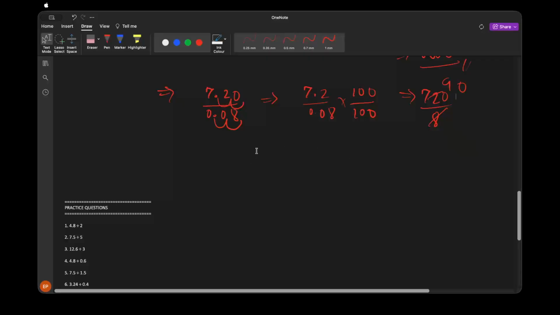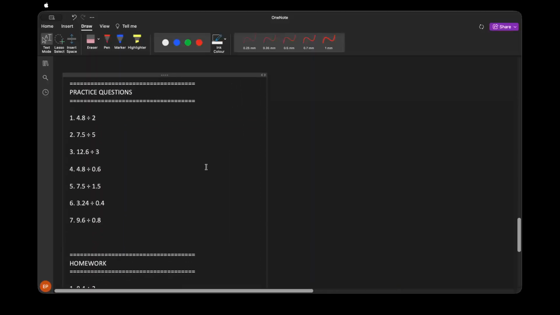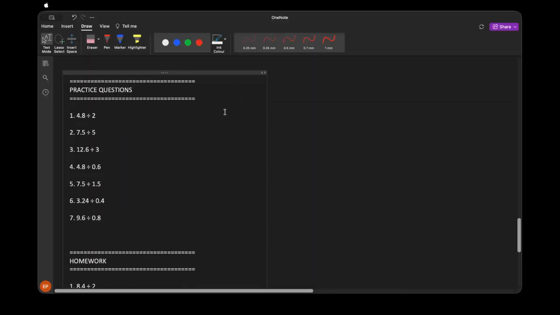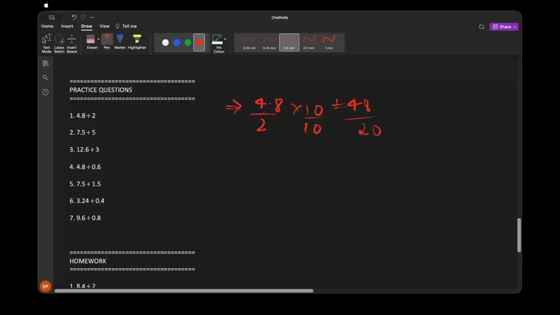Okay, and here are some practice questions. 4.8 by 2. How many digits are there? Only one, right? Just multiply by 10. 4.8 into 10 is 48, 2 into 10 is 20.